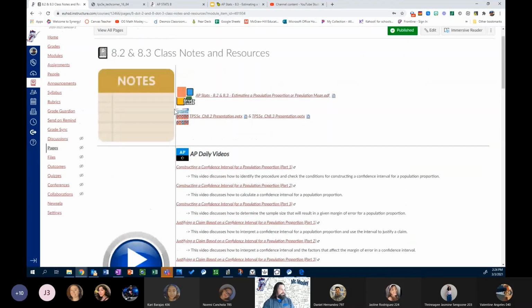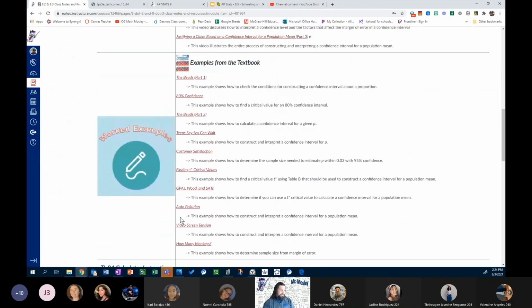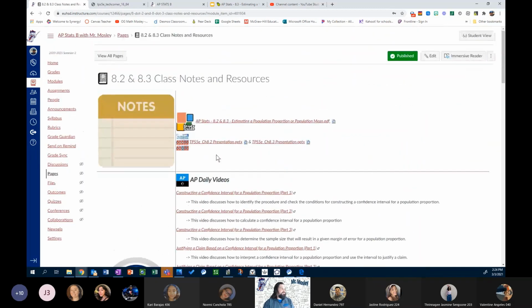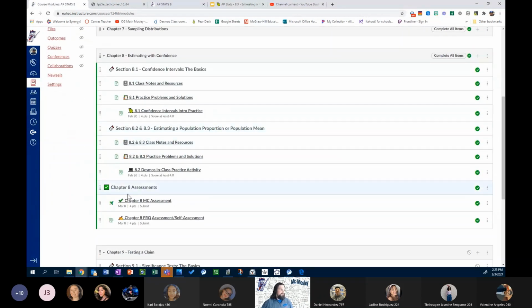There's the study guide, presentations, worked examples from the textbook. Right? These are all for 8.2 and 8.3, which are the main things in Chapter 8. 8.1 is just our introductory thing. It goes over the main concepts, and then this is how they apply to proportions and means. So don't forget about all the resources that we have in here.